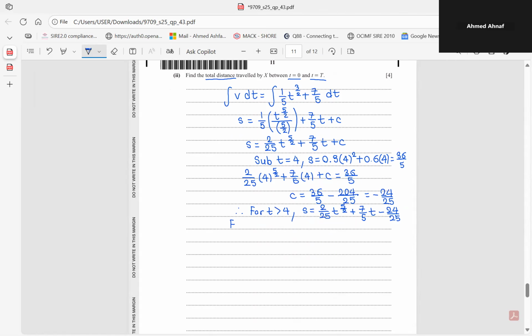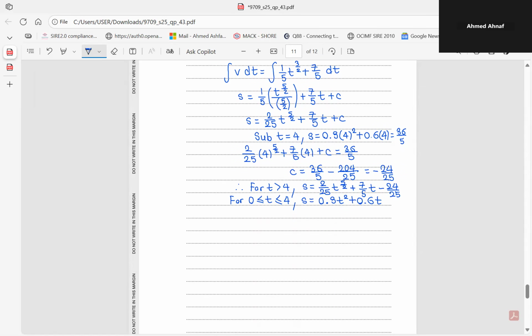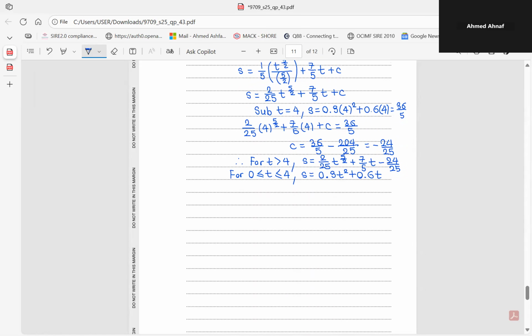And then we're also going to write the other distance formula for t from 0 to 4. So that's s equals 0.3 t squared plus 0.6 t. So this is our first answer.